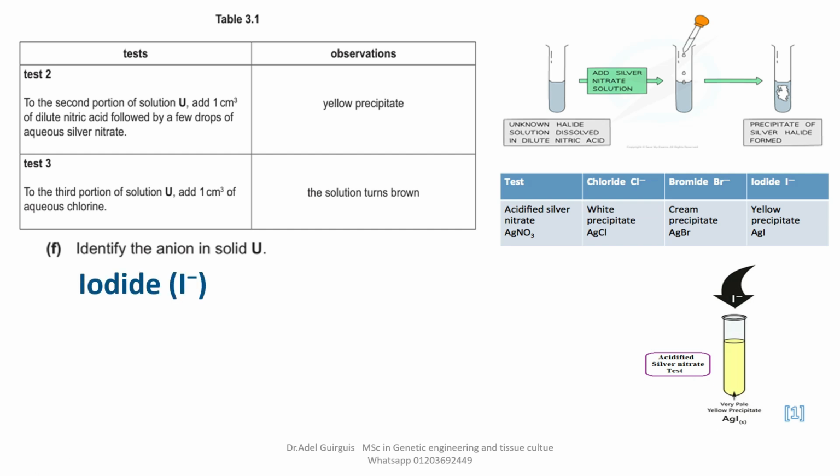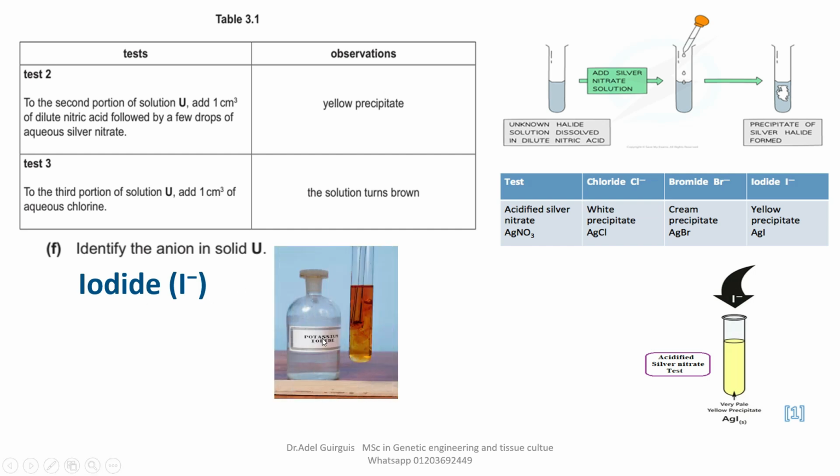Okay, now for this part, what about test 3? To the third portion of solution U, add 1 cubic centimeter of aqueous chlorine. The solution turns brown. What's the relation between chlorine and iodine or iodide? Look please, here potassium iodide, any source of iodide, like potassium iodide. It contains iodide ions, I-.